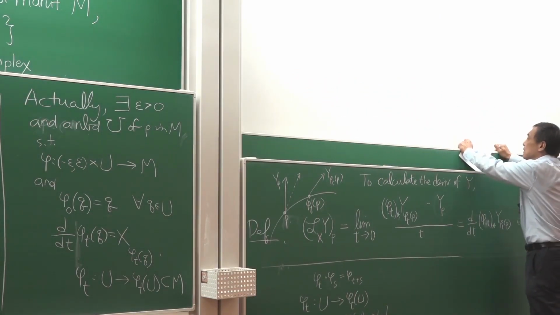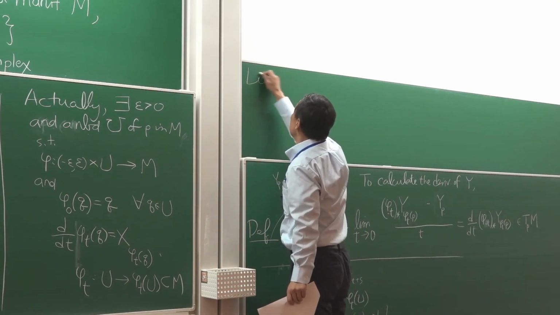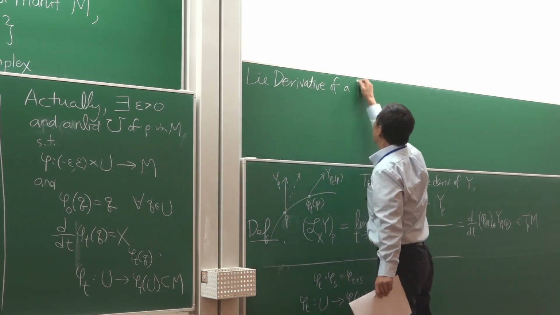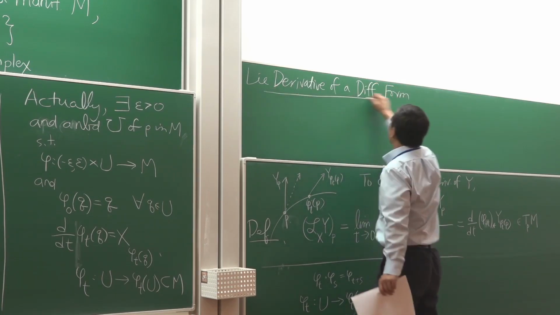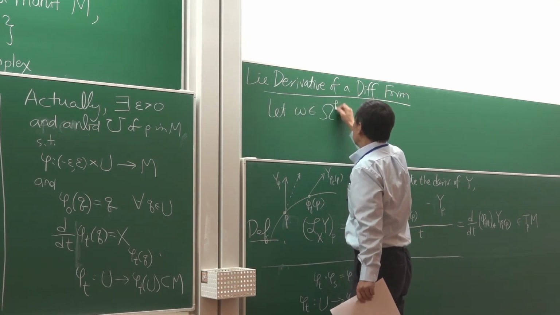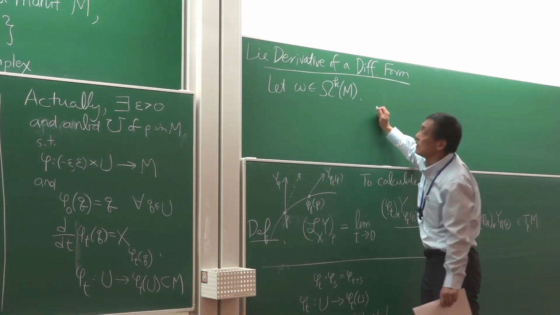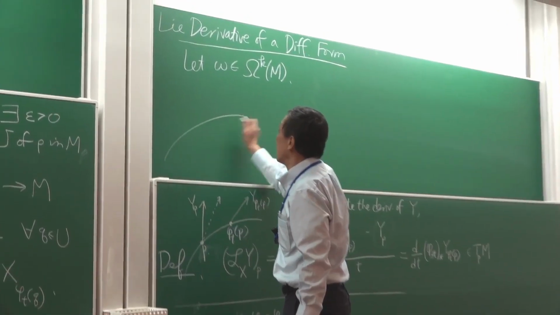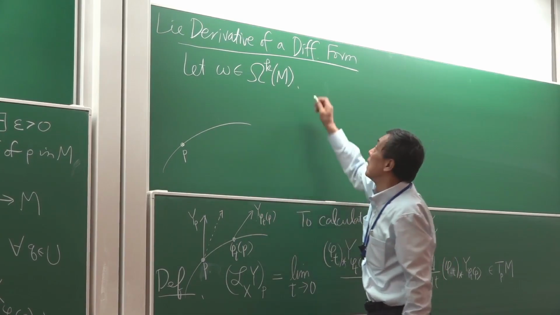Now let's define the Lie derivative of a differential form. Let omega be a K form on M, a C infinity K form on M, and I want to define the Lie derivative of omega.